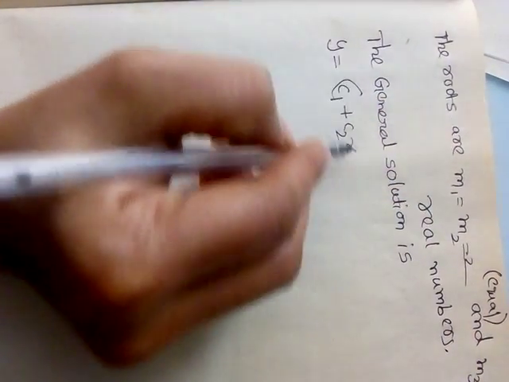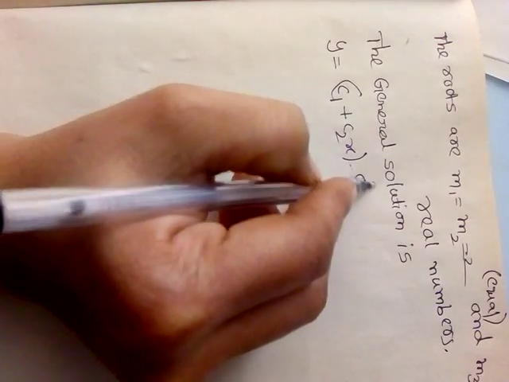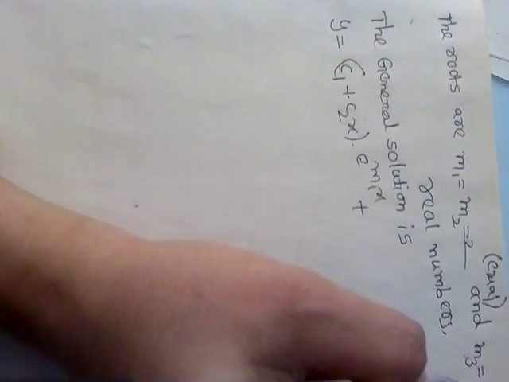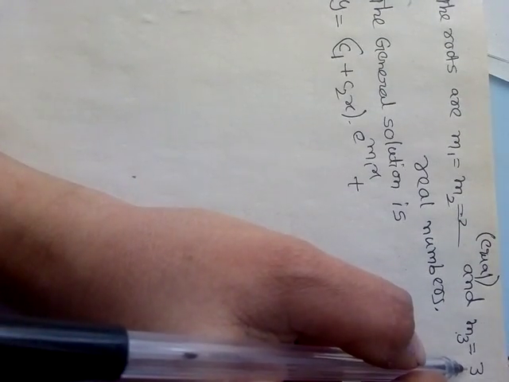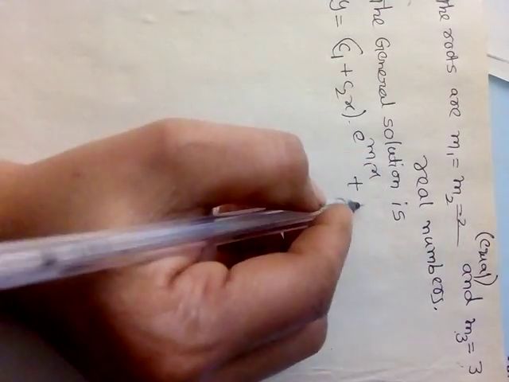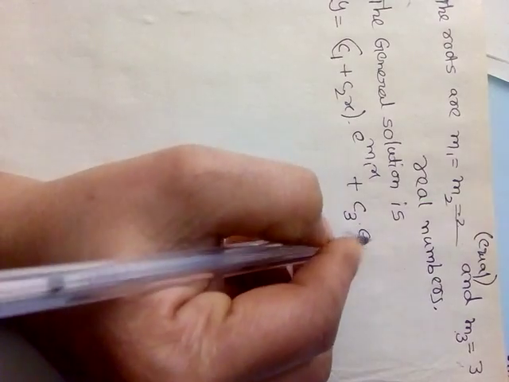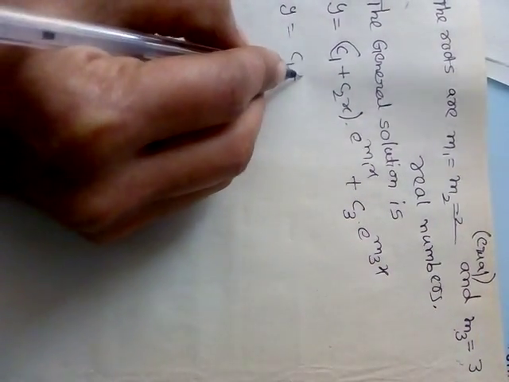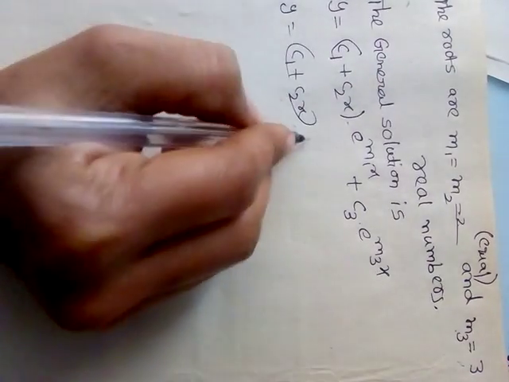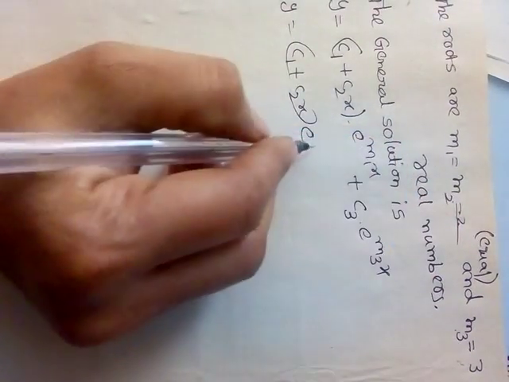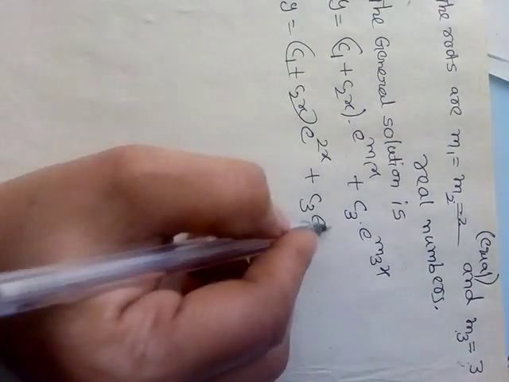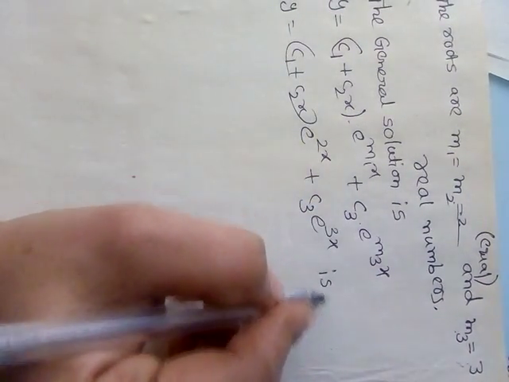So for that we are taking c1 plus c2x into e power m1x, and one more, m3, is the different root that equal 3. So for that we are taking c3 into e power m3x. Substituted that, c1 plus c2x into e power, in the place of m1 we are taking 2x. c3 into e power 3x is the required solution.